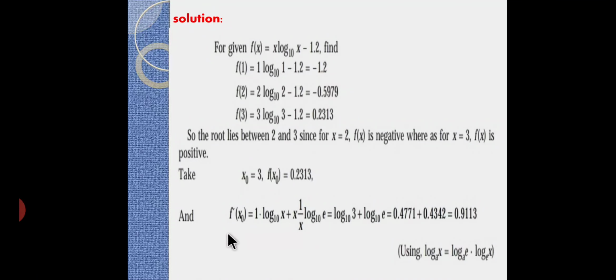So the value of f dash of 3 is equal to 0.9113.